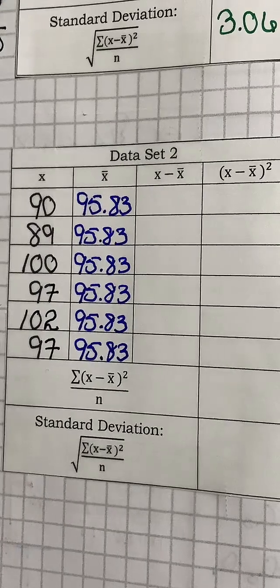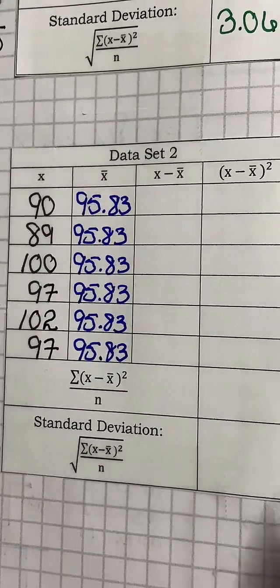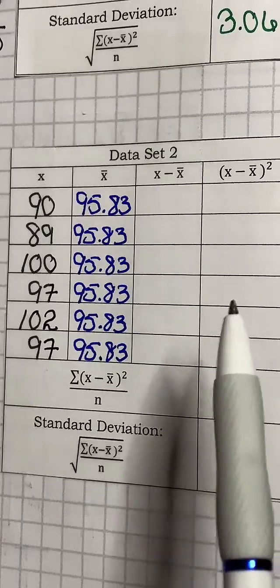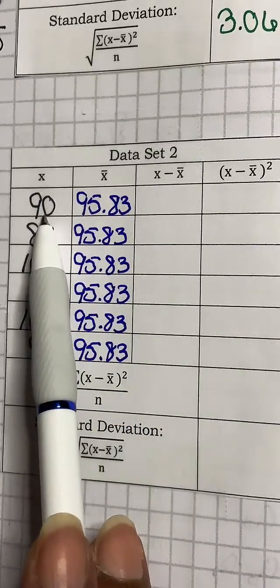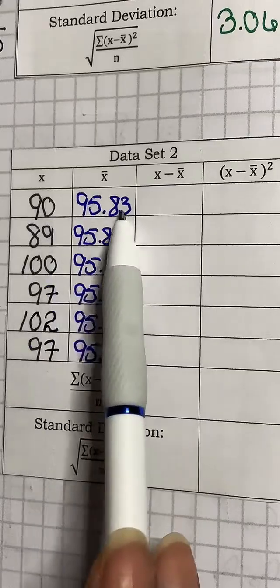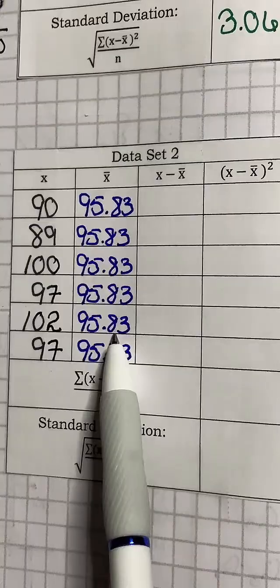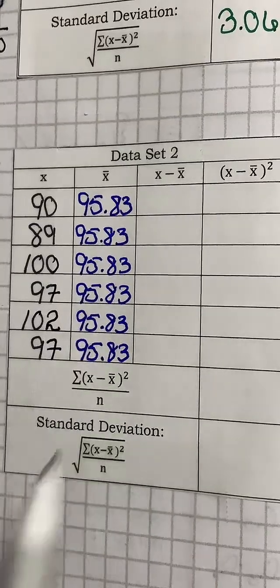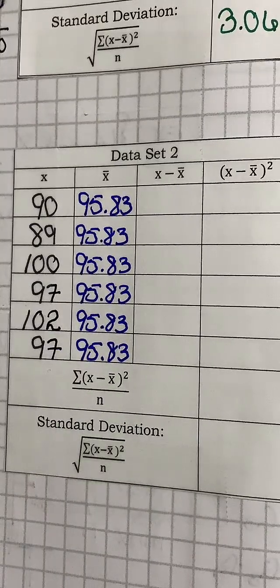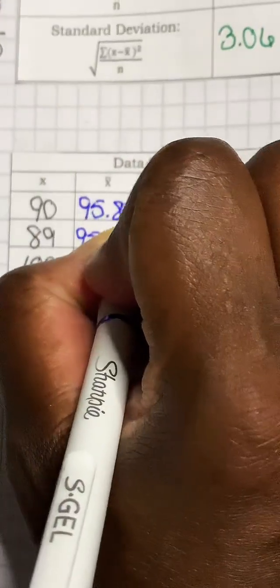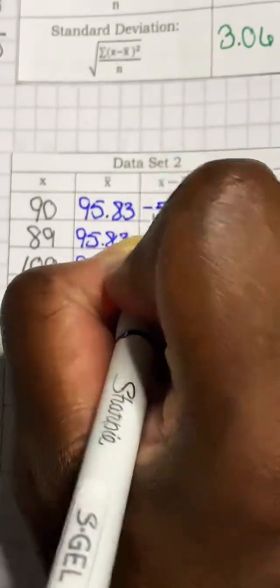So while you're here, oh, thank you, Papa. So when we're here, we're taking the difference of our original data set with that mean. Okay? So we're going to be doing a subtraction. And it's fine that you're going to get negative numbers. So it is perfectly fine here to get negative numbers.